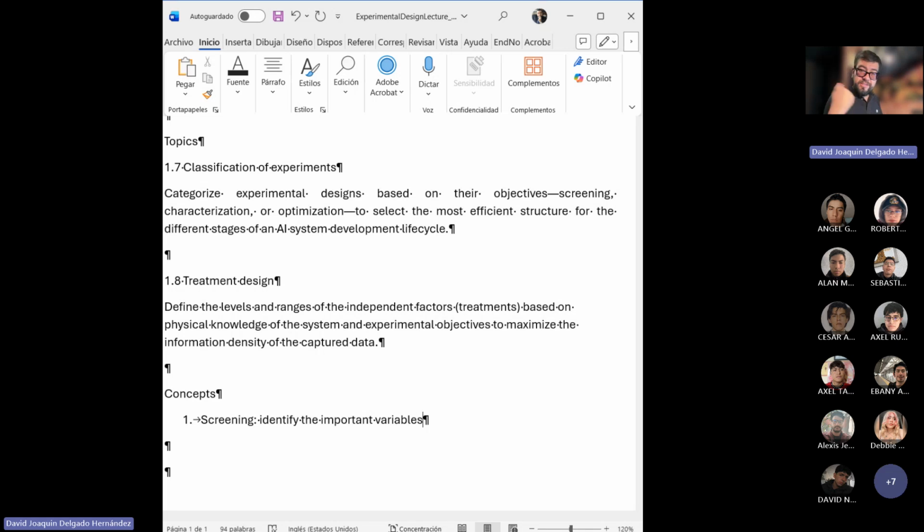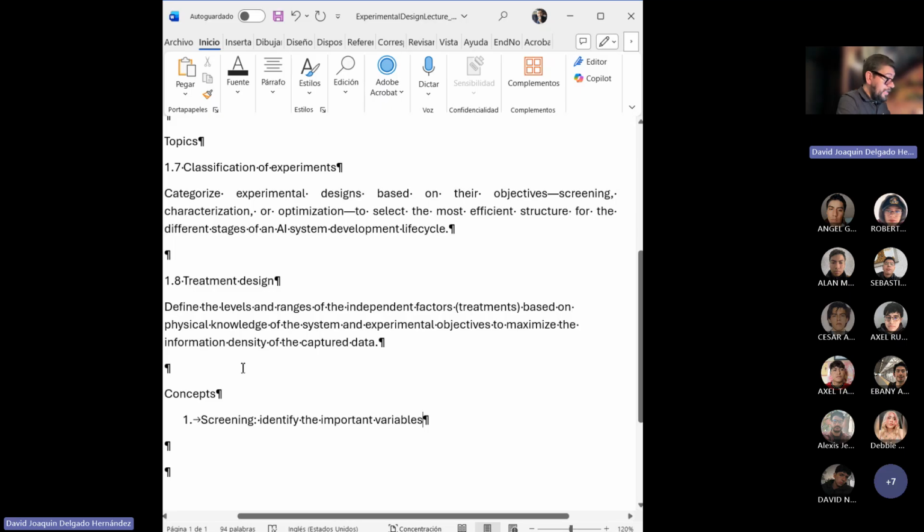So if I just start doing the experiment, but I don't have any planification prior to this step, I can have this error. So at the very beginning, I have to identify what are the important variables.